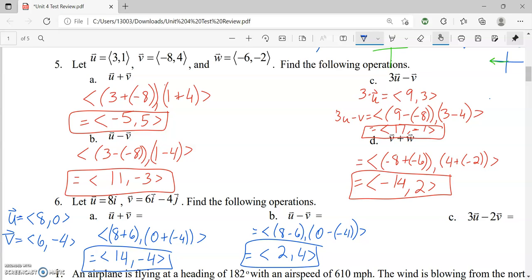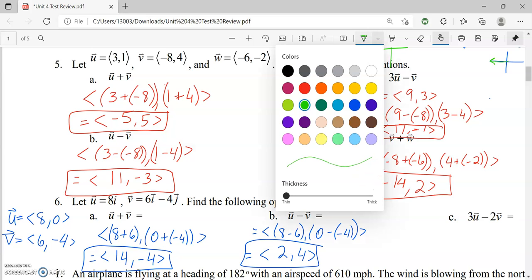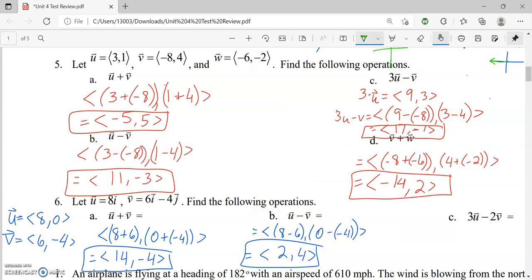The only thing I might add while I'm in here, if you were to have to answer these, maybe let's say it's a matching or a multiple choice, we might want to take just a quick second and convert these back to standard form. So what that looks like is 14i minus 4j.